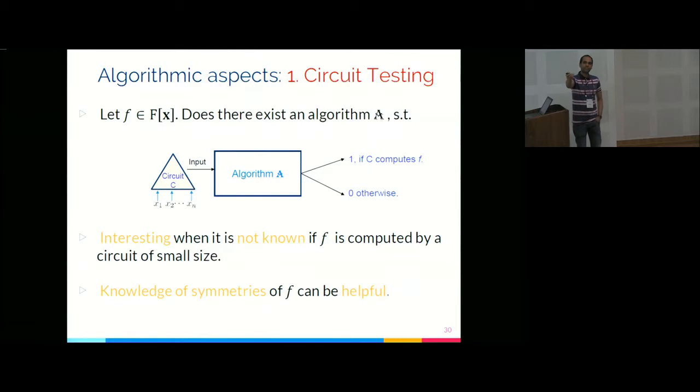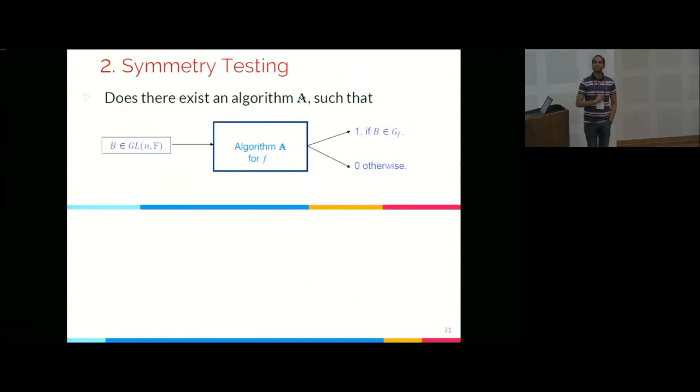So if I apply the symmetries, that invertible matrix, on the leaves of this circuit, the variables get replaced by linear forms, and when I plug in, the circuit will compute the same polynomial. So my algorithm should not be fooled by this kind of trick. In that sense, it should have the knowledge of the symmetries of f. And to design such algorithms, knowledge of symmetries has been very helpful. So here is the next question.